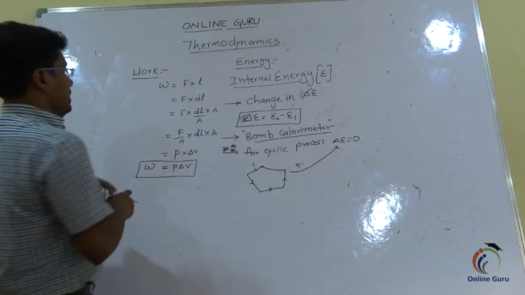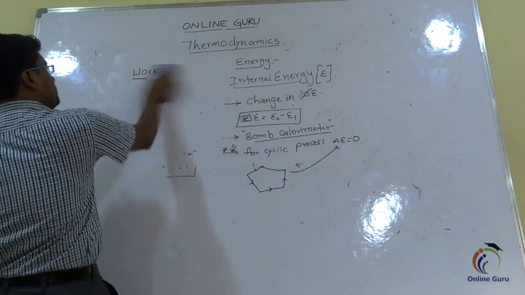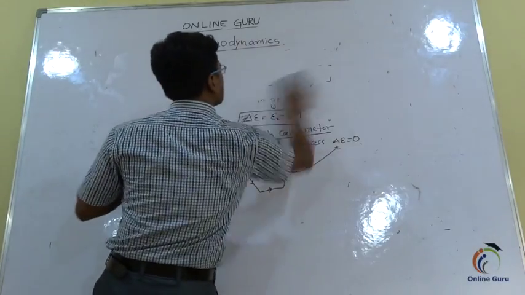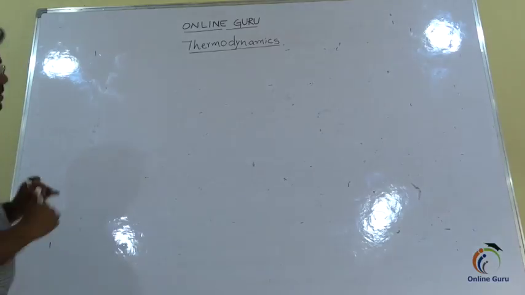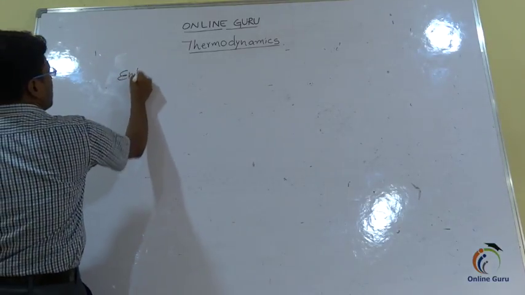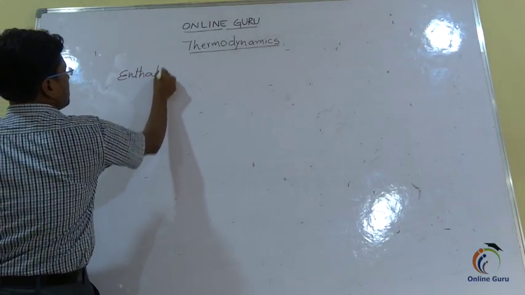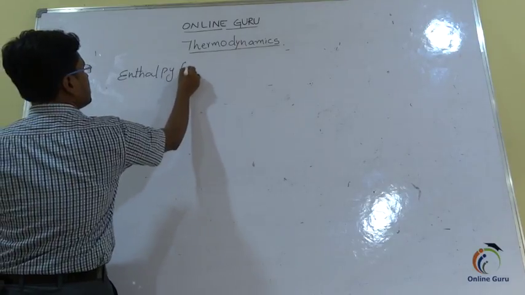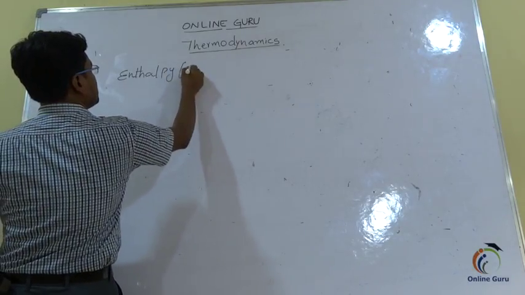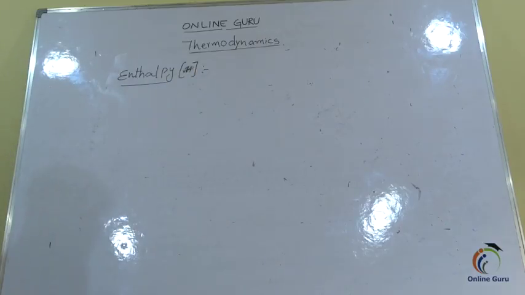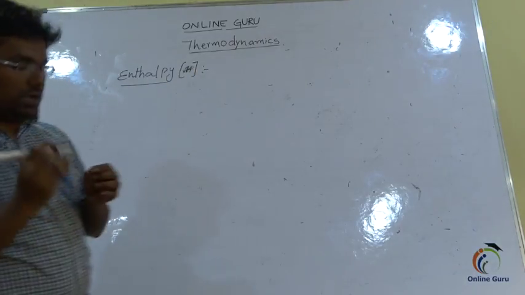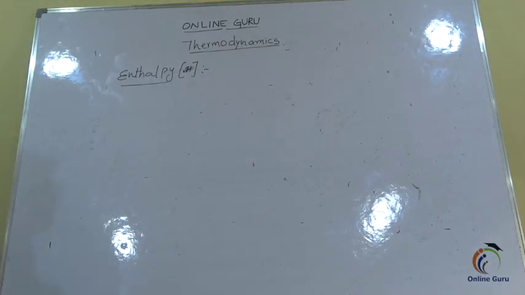Next one is enthalpy. Enthalpy is represented by H. What does enthalpy mean? The total heat content of a system is called enthalpy.